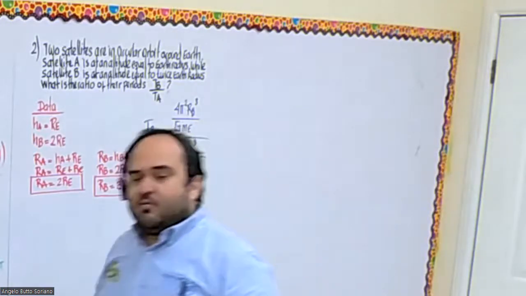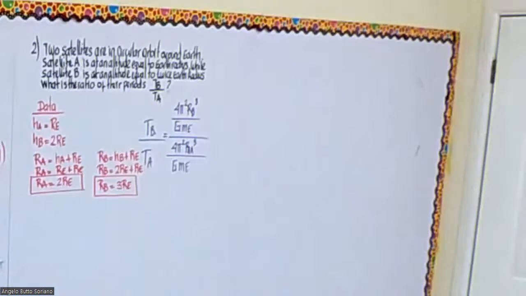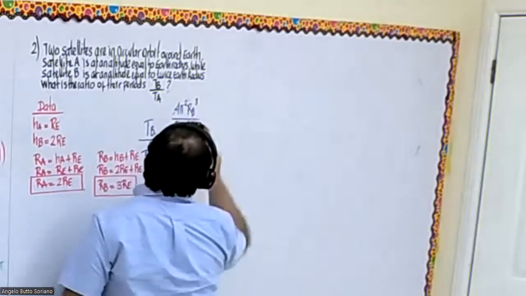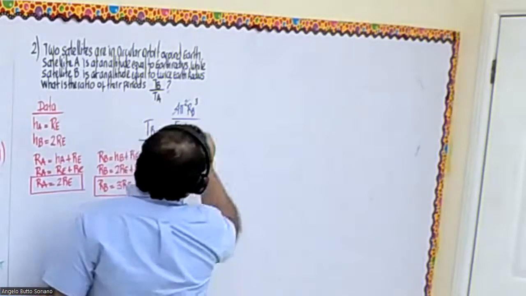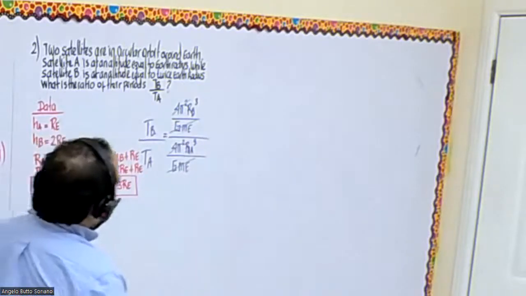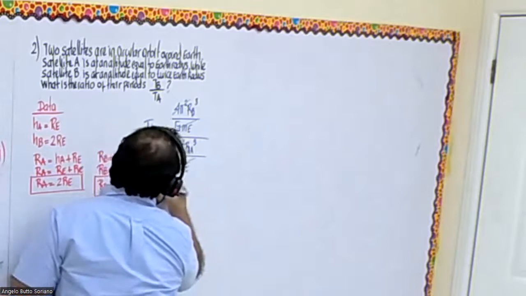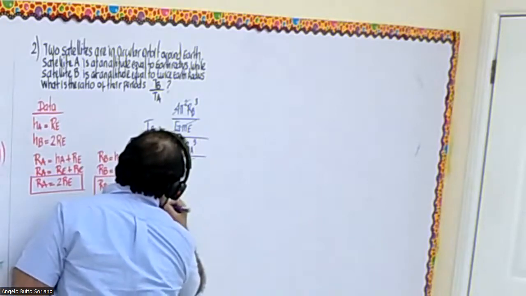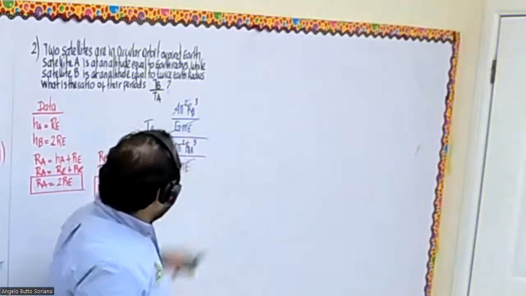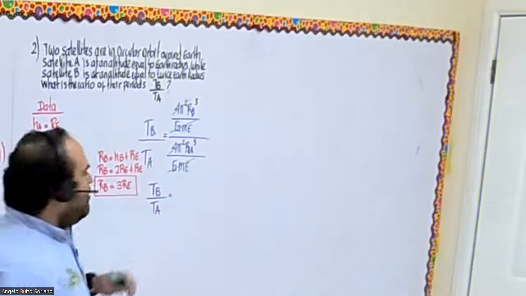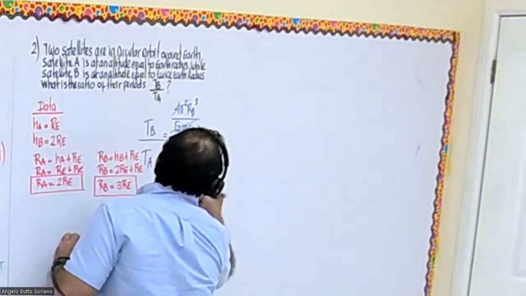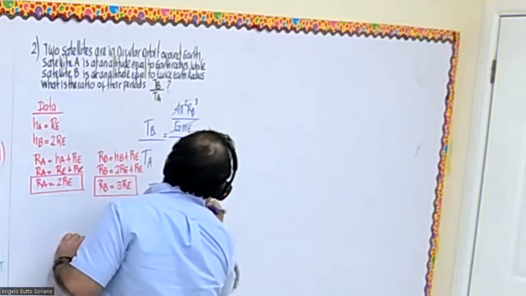What is the interesting thing in this case? Because 4 pi squared is the same, it can be canceled. G times the mass of the Earth is the same too. So we can conclude the period B over period A equals radius B over radius A, both to the third power.